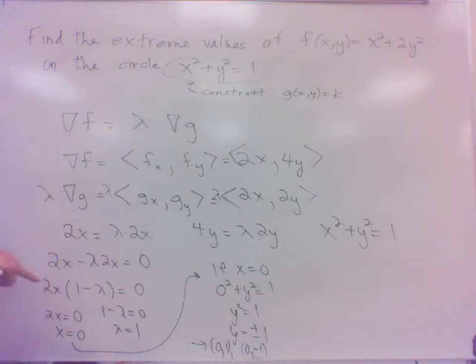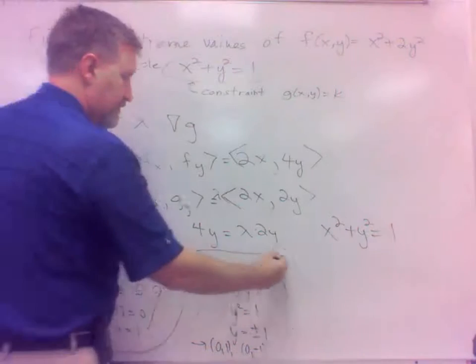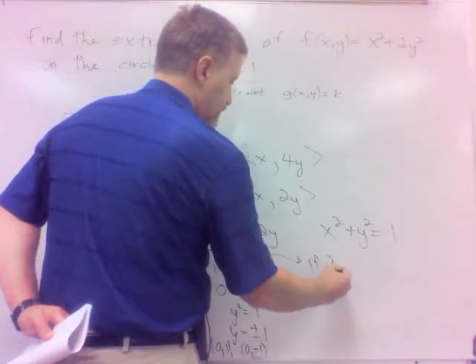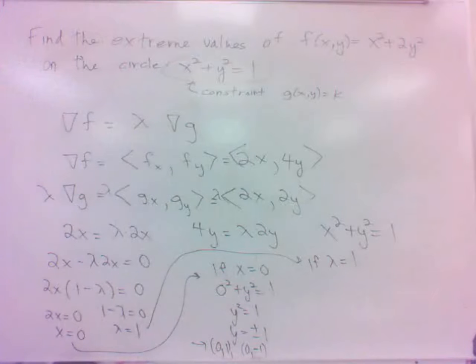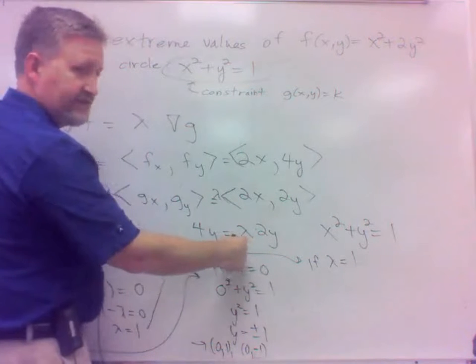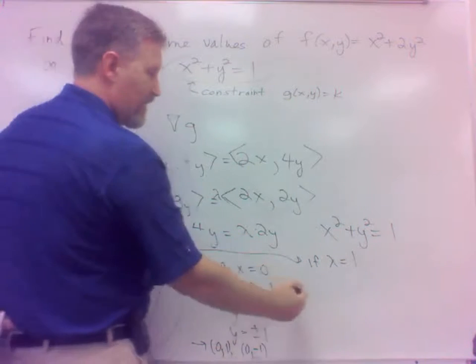But we've also got this lambda equals 1, and so let's see where that takes us. Just got to explore all our options here. If lambda equals 1, then from this equation, we've got 4y equals 1 times 2y.